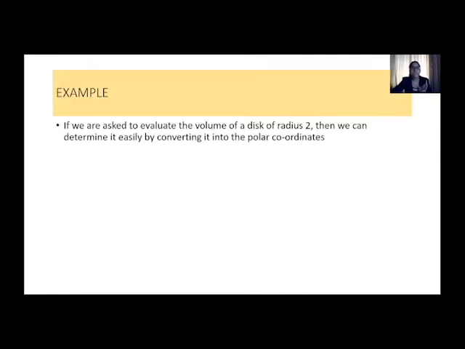So for a very simple example, if we are asked to evaluate the volume of a disk of radius 2, then for us it will be difficult to calculate using our usual rectangular coordinates. Why? If you just recall, we have a disk of radius 2, then what will be the corresponding limits of x?